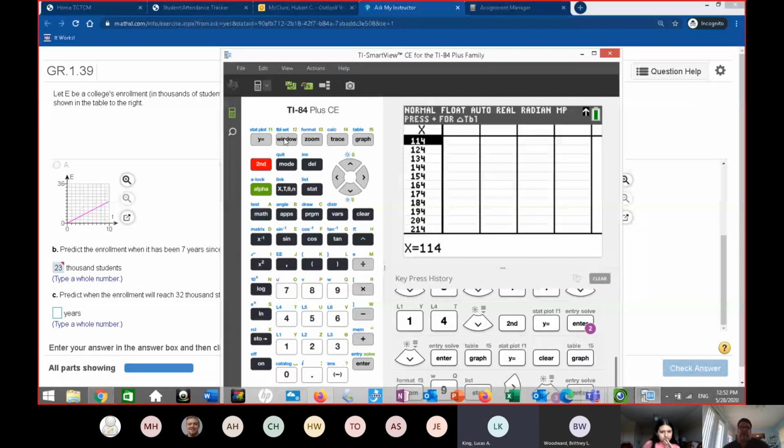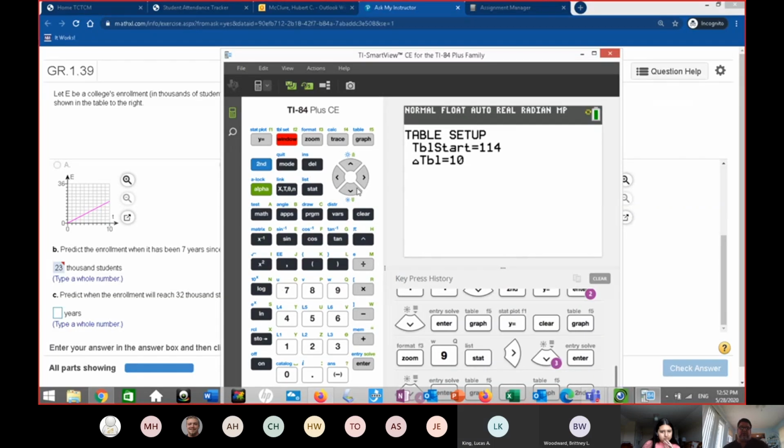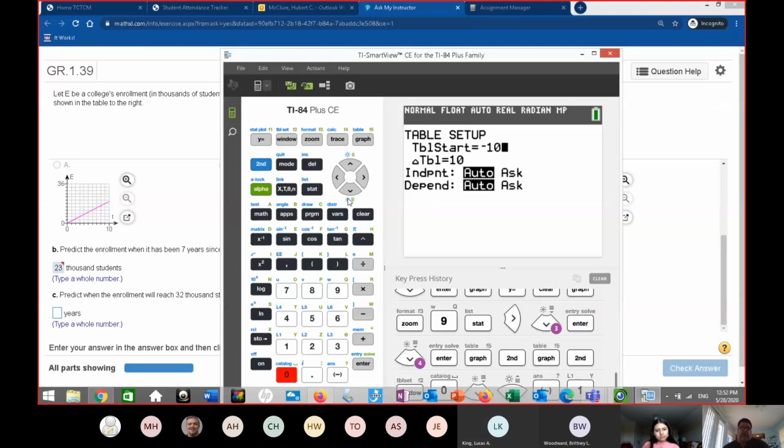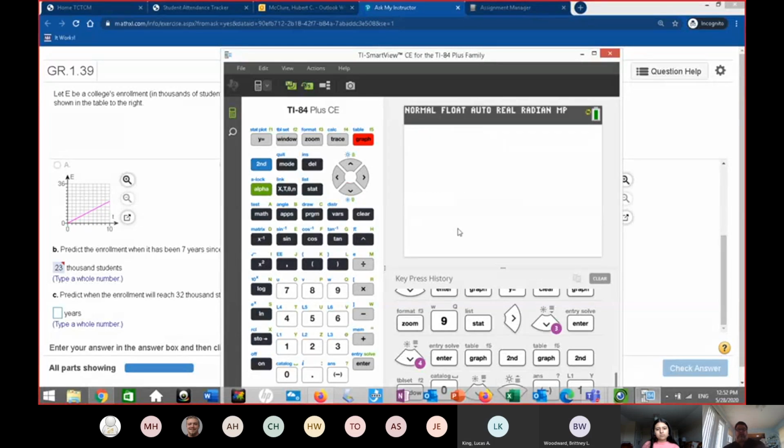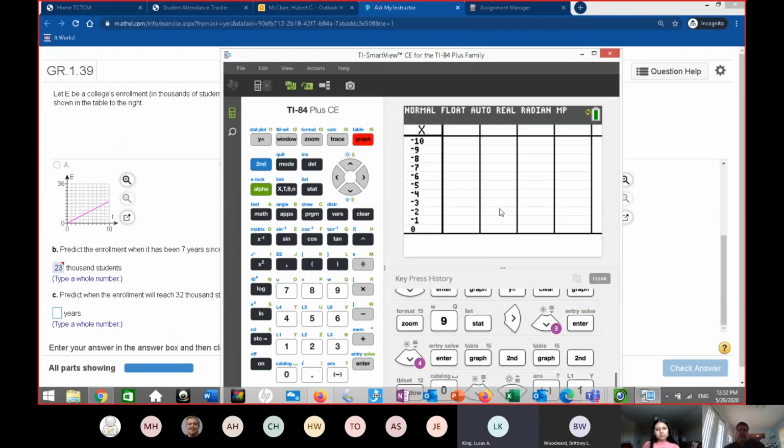Start at 114. I don't think so. Let's just start at 0. No, let's start at -10. -10, 1, and second table. There we go.